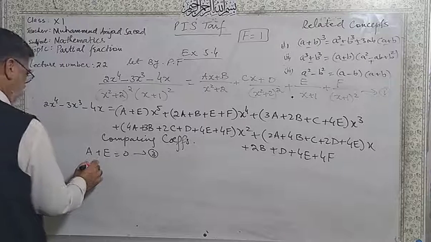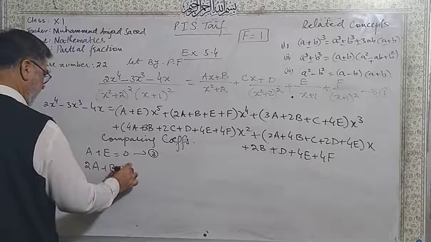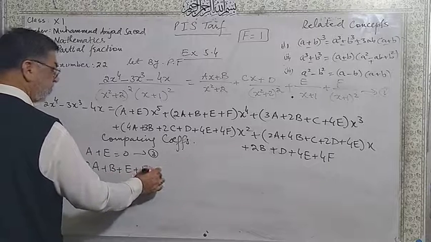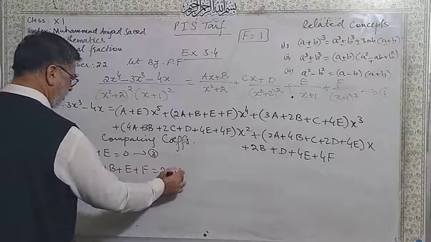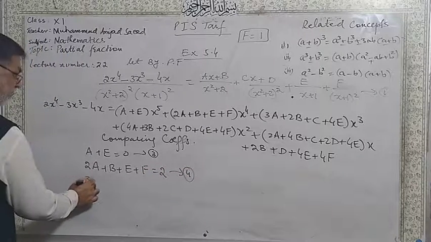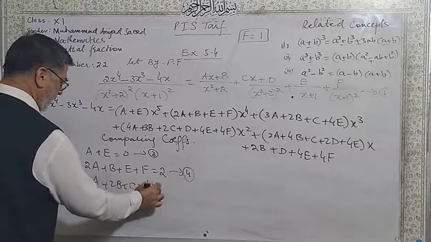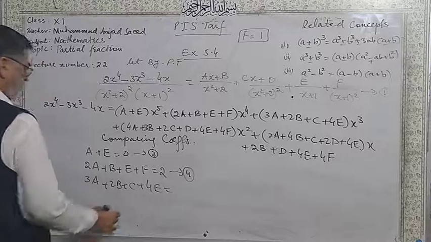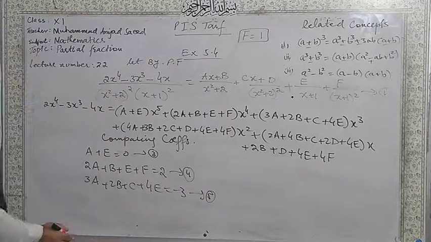Then 2a plus b plus e plus f is equal to 2. Equation number 4. 3a plus 2b plus c plus 4e is equal to minus 3. Equation number 5.